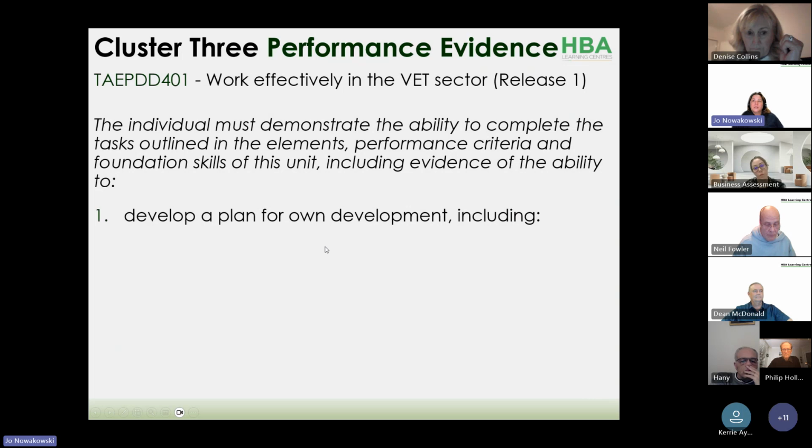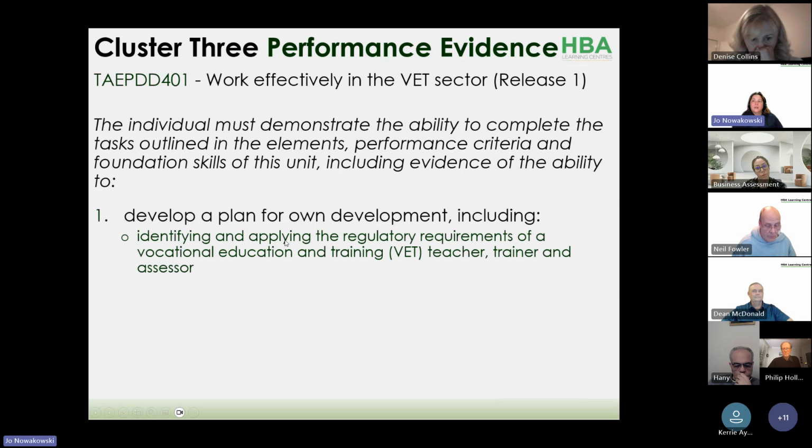So with this one, we need to develop a plan for own development, including identifying and applying the regulatory requirements of a vocational education and training teacher, trainer, and assessor. Does anyone know what that is, by the way?